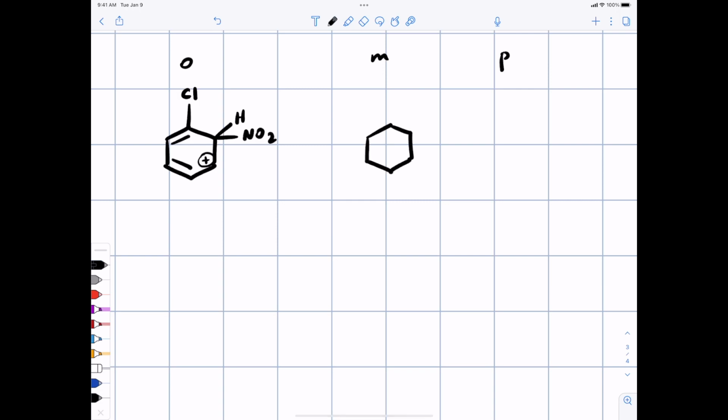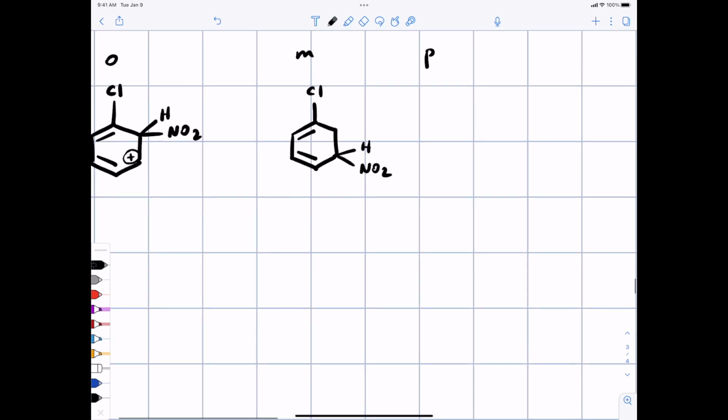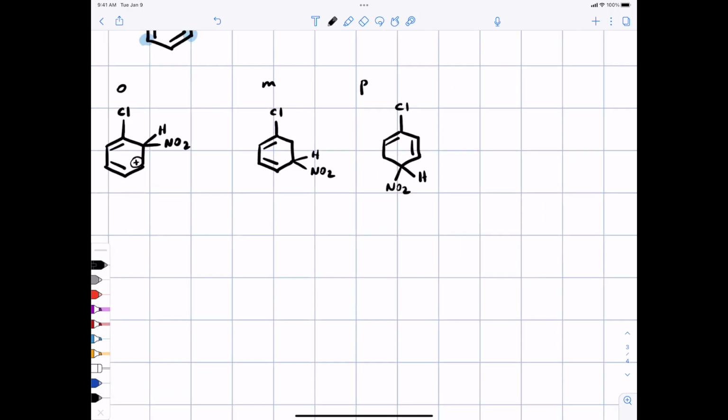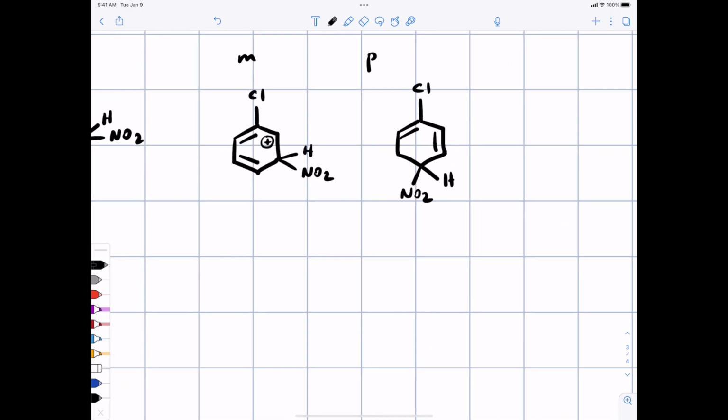Meta substitution from chlorobenzene with the nitro group would give us this intermediate, and then para substitution would give us this one. Except I'm forgetting positive charges.